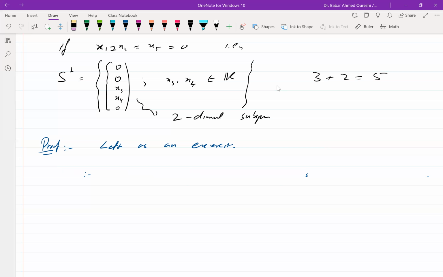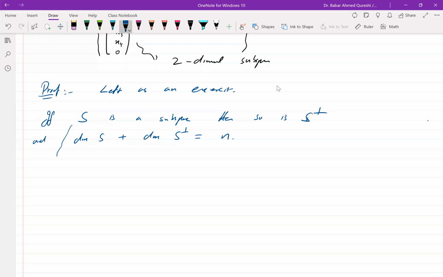So I have told you that if S is a subspace, then so is S orthogonal complement. And the dimension of S plus the dimension of S orthogonal is equal to n, the total dimension of the original space. But not only that, the bases also match.